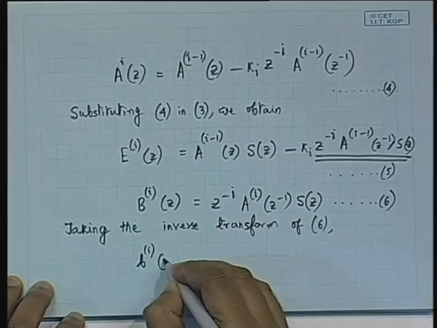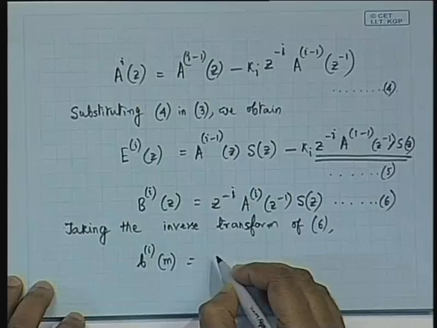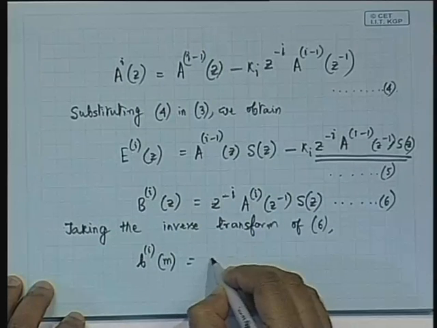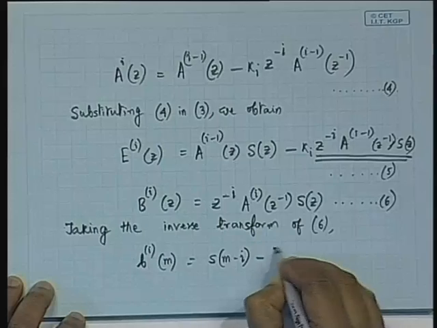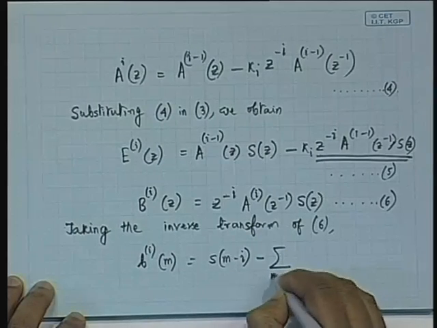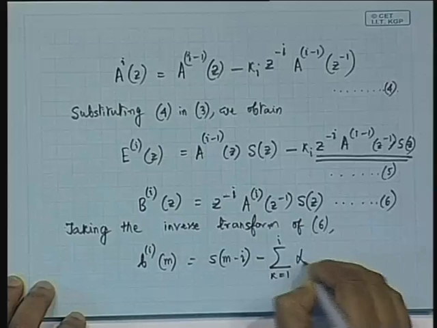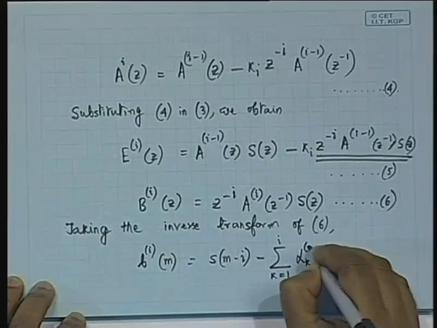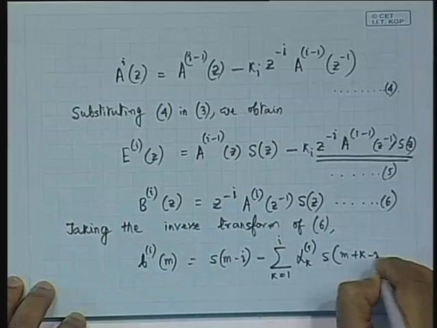Instead of z we write m, because we are back in the time domain, and this becomes equal to s(m minus i) minus summation k equal to 1 to i alpha_k^i s(m plus k minus i).